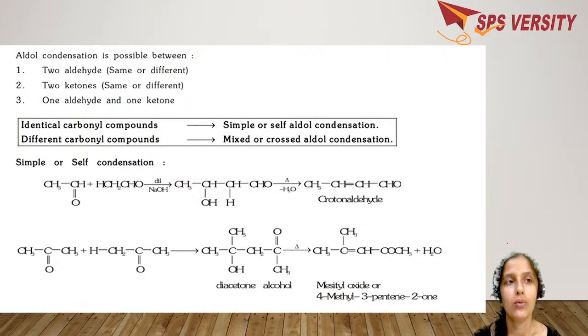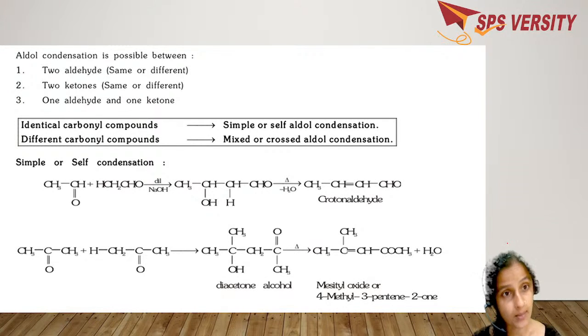In the case of aldol condensation also, we have different types, just like the Cannizzaro reaction. Aldol condensation is possible with two aldehydes having alpha hydrogen. These aldehydes can be the same or different, and also this can happen between two ketones.